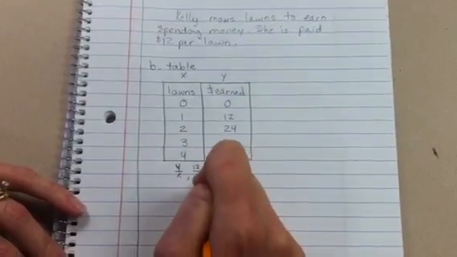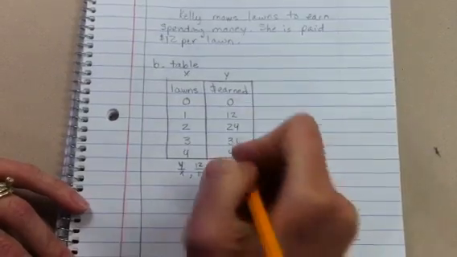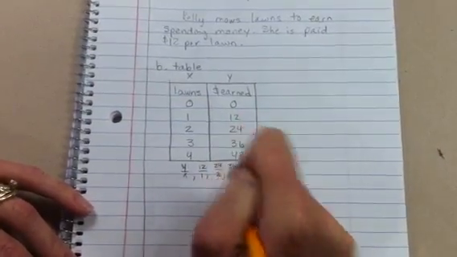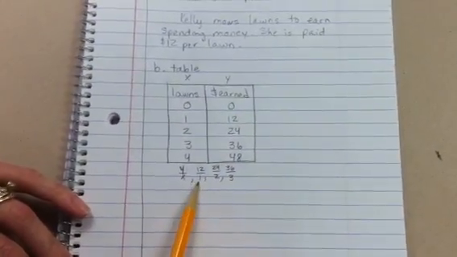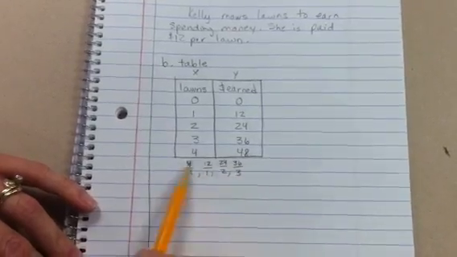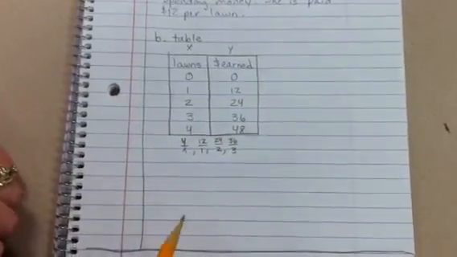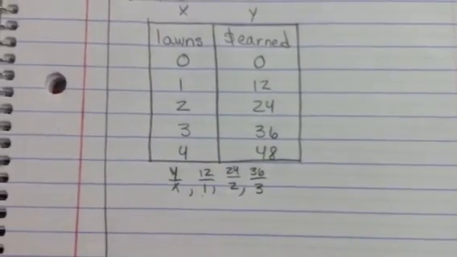For the next one I get 24 over 2. Then 36 over 3, and so on. You'll notice that all of these reduce down to 12 over 1. That shows me that the table is proportional. So if you're asked at some time in class to tell if a table is proportional, that's one way that you could find that out and check.